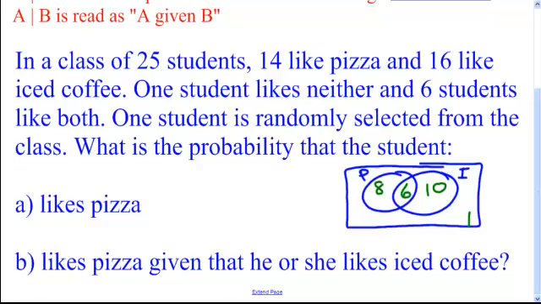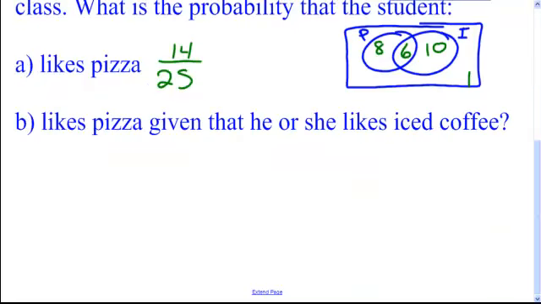So here it says how many like pizza. I'm not saying, hey, based on this information, I'm just asking how many like pizza. So the probability of that is 14 out of 25, the part over the whole. The second part is the given statement. They like pizza given that she likes iced coffee. So you have to figure out how many of them like iced coffee. 16 of them like iced coffee.